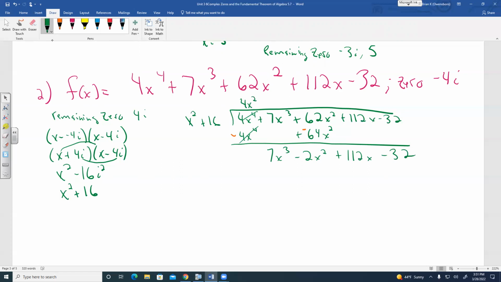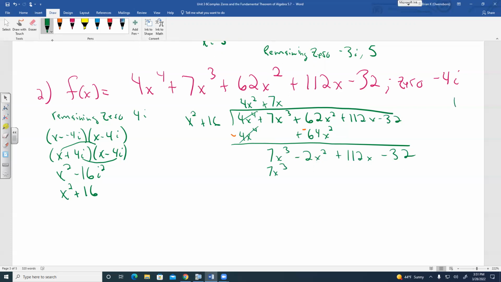So now we focus on the x squared and figure out what we can multiply it by to get this 7x to the third. Looks like I need a 7 and an x, so I'm going to put a plus 7x here. In doing so, we now multiply the 7x times the x squared, and that's going to give me 7x cubed. 7x times 16.